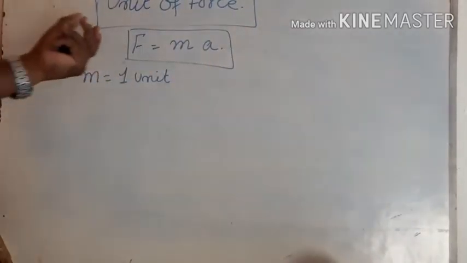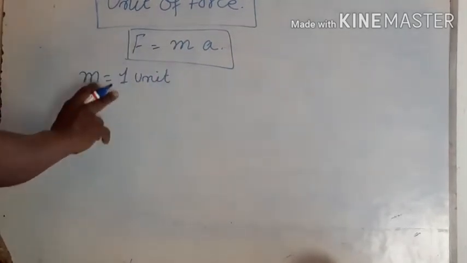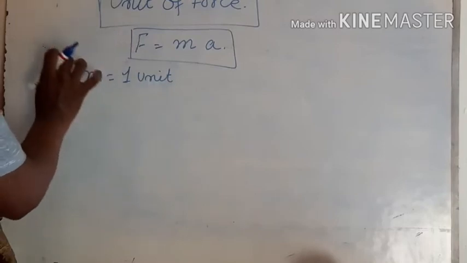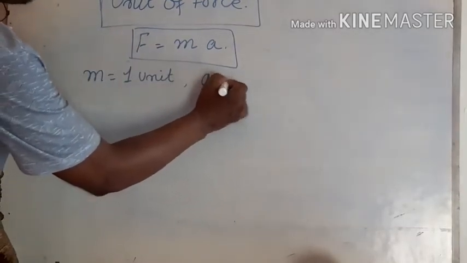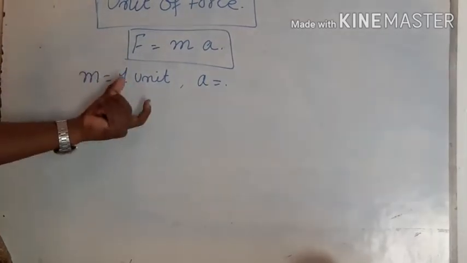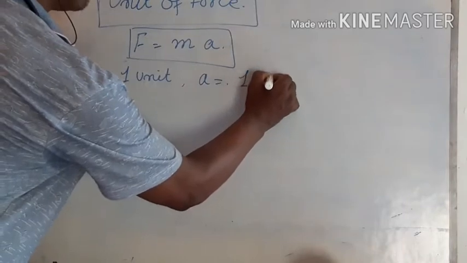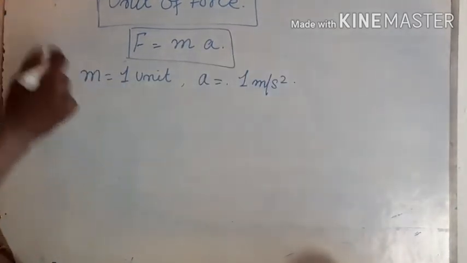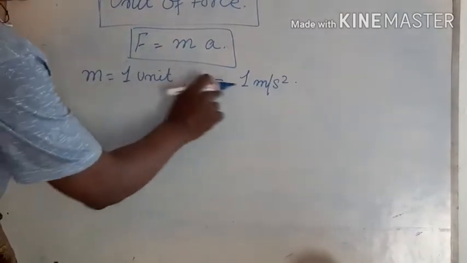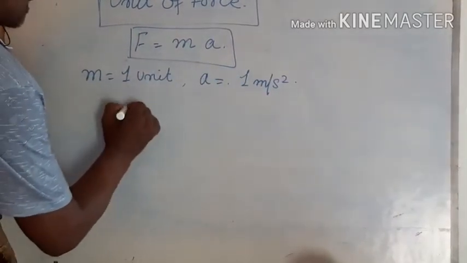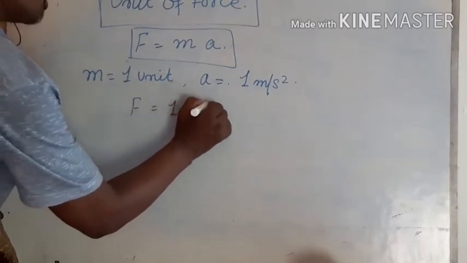In whatever unit we measure m, that we take as unit. So in general we take m as 1 unit, and the acceleration produced in 1 unit of mass of a body is, say, 1 meter per second square. So if you multiply 1 unit with 1 unit, what do we get? F will be equal to 1 unit.